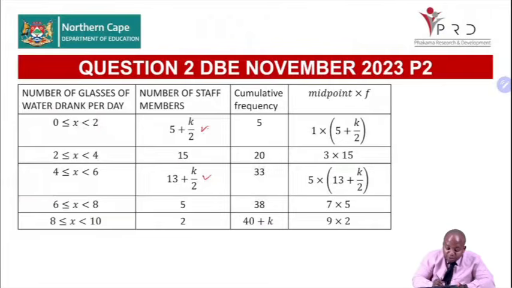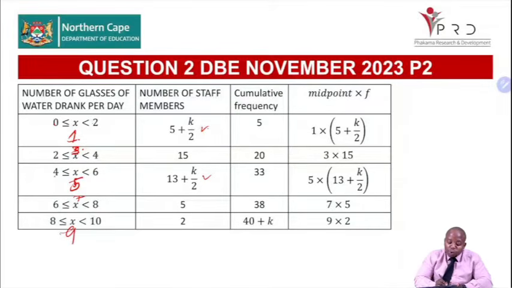So the midpoint between 0 and 2 is 1. The midpoint between 2 and 4 is 3. Between 4 and 6 it is 5. Between 6 and 8 it is 7. Between 8 and 10 it is 9.